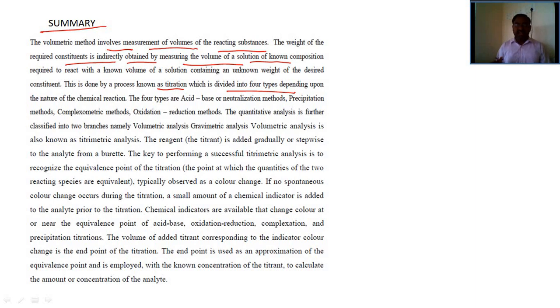Quantitative analysis is further classified into 2 branches, namely volumetric analysis and gravimetric analysis. Volumetric analysis is known as titrimetric analysis. The reagent is added gradually or stepwise to the analyte from a burette.